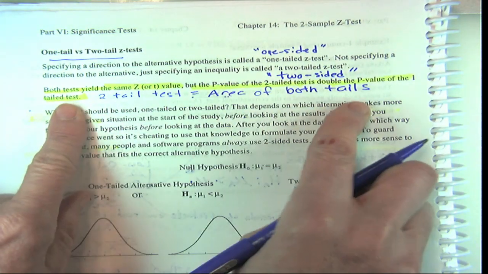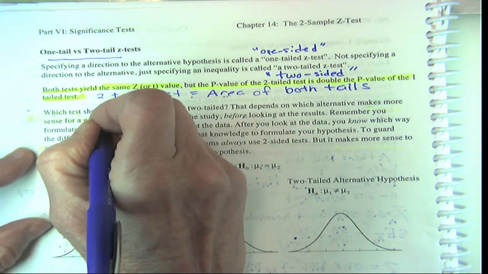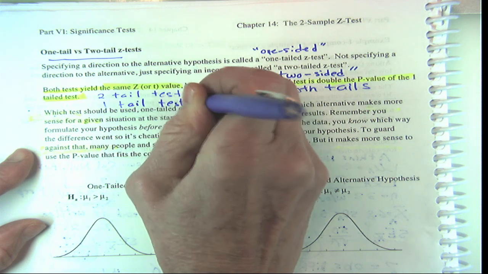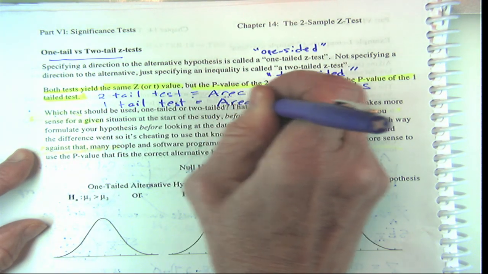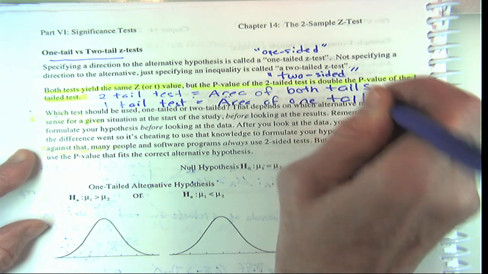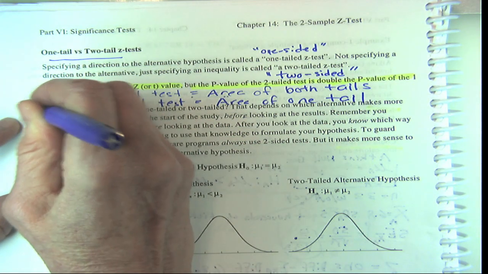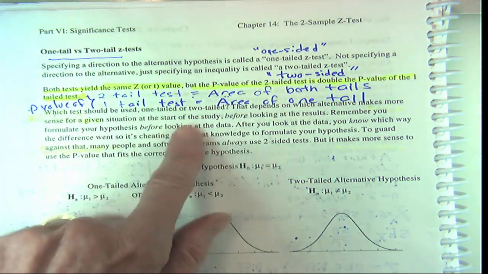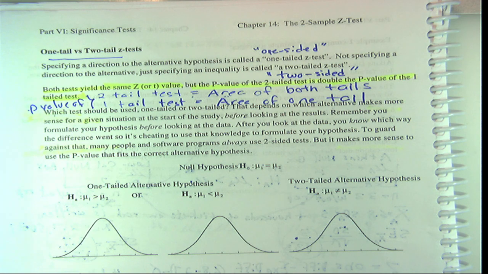The p-value for the one-tailed test is just equal to the area of one tail. Okay, so you can see the relationship there.